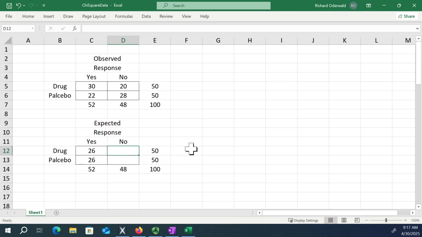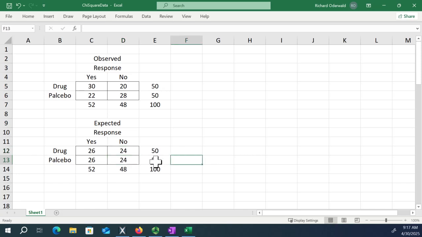So if I've got 48 people in the no group, how many would I expect, if there's no effect of the drug or placebo, how many would I expect there to be in each of the two categories? I'm in the no category, and drug and placebo, if it's 50-50, there should be 24 in each one of these things. And you can calculate it.